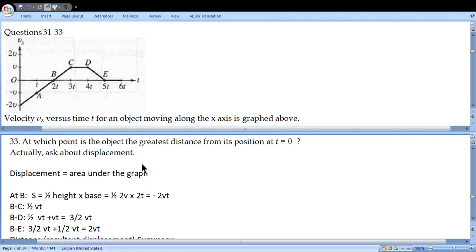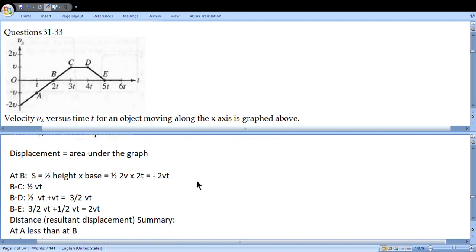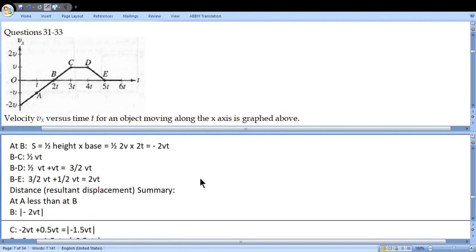33. At which point is the object's greatest distance from its position at t equals 0? So displacement is area under the graph, but displacement is vector, so it can be positive and negative. So at B, it traveled distance equal to the area.